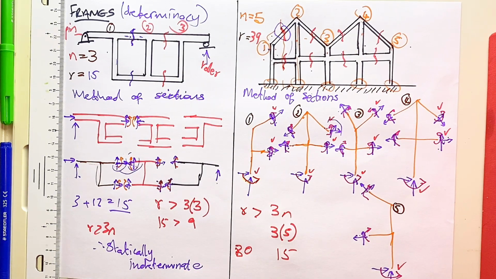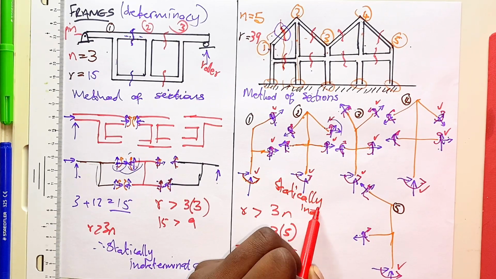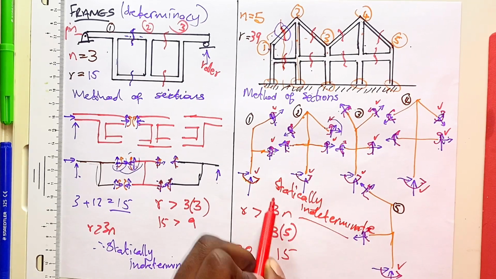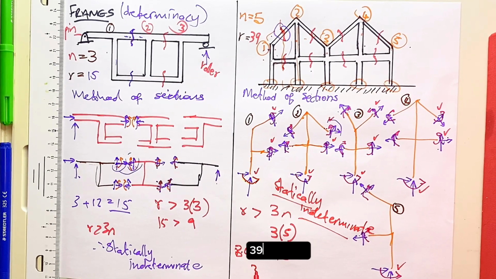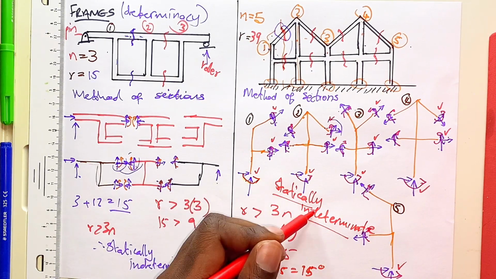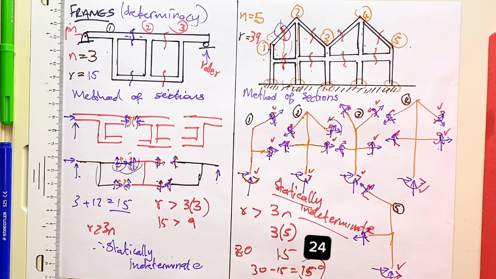So our structure is statically indeterminate. To what degree? 30 minus 15 is equal to 15. So it's statically indeterminate to the 15th degree. So we need 15 more equations to solve them.